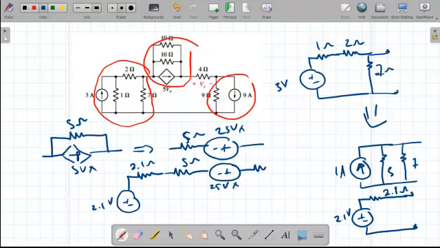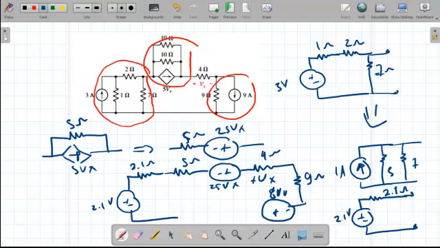And here is my 4 ohm, and this is my Vx. This one becomes 9 ohm in series with minus plus 9 times 9, 81 volt. So this is my complete circuit.